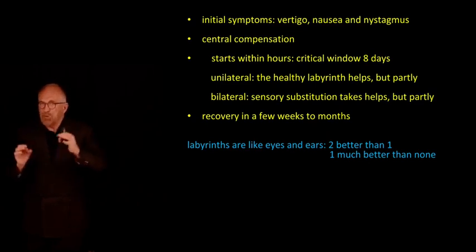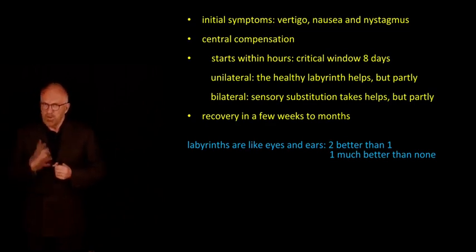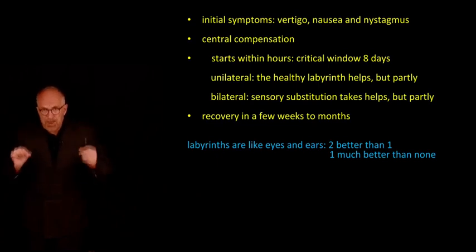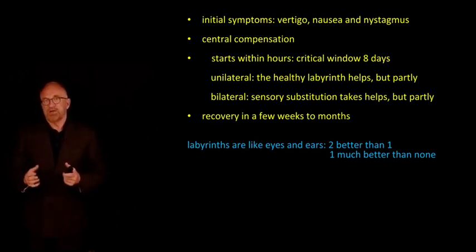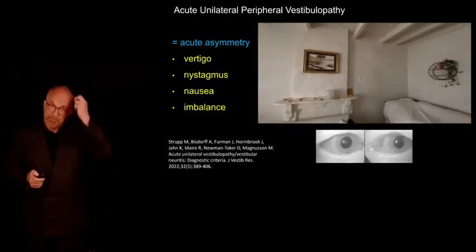You can manage with that, and many people again do quite well with one labyrinth. But if you lose two labyrinths, that's a disaster. Then you lose this high-speed sensitivity for head motions. And the other senses are not able to really replace that functionality. Well, let's go into those details.